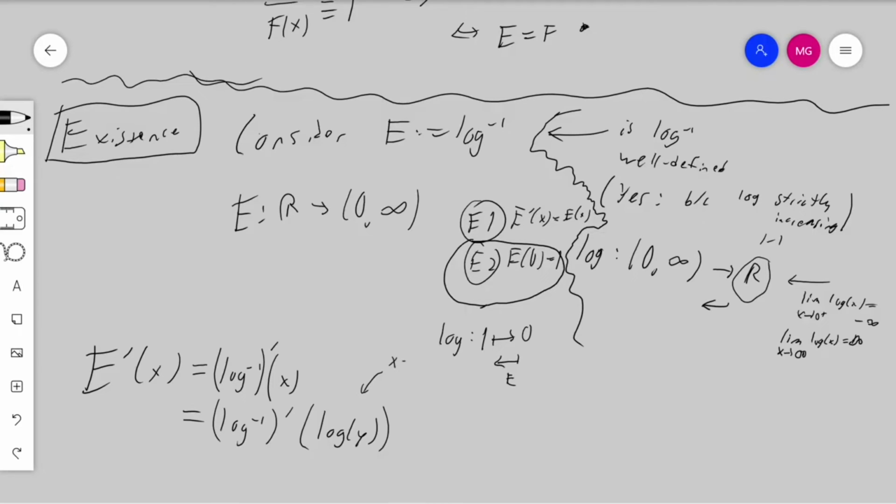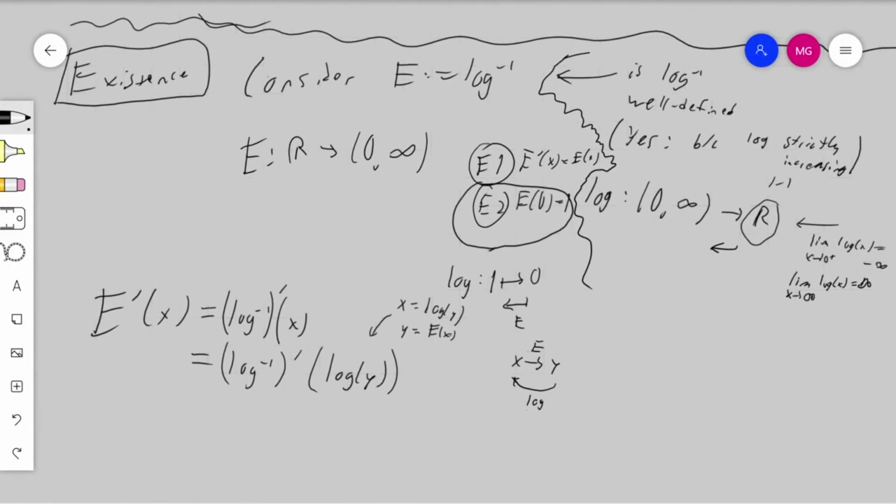So here we're saying that x equals log of y, and that's the same thing as saying that y equals e of x. So just as a picture here, we have that x is being sent to y by e. That must mean that y was being sent to x by log, because these are inverses of each other. So in other words, x equals log of y, and y equals e of x.